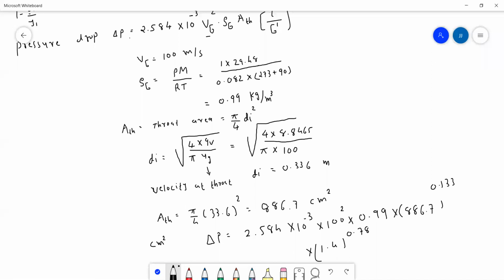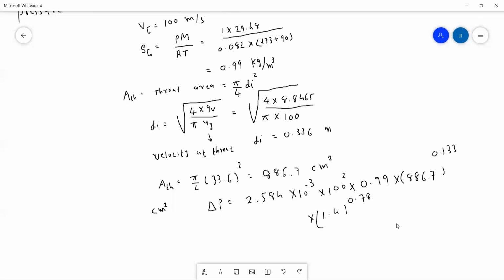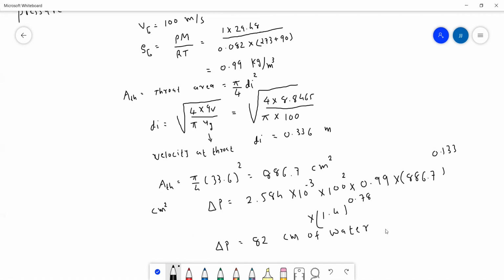If you calculate this pressure drop, you will get delta P equal to 82 centimeter of water column, that is WC.